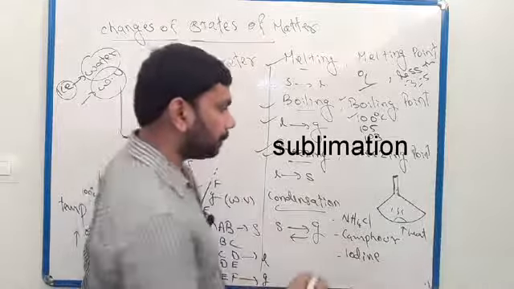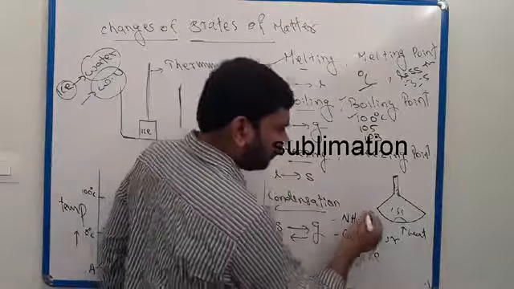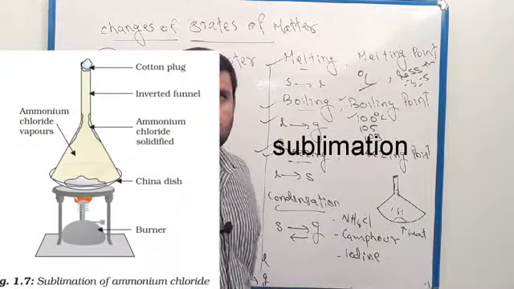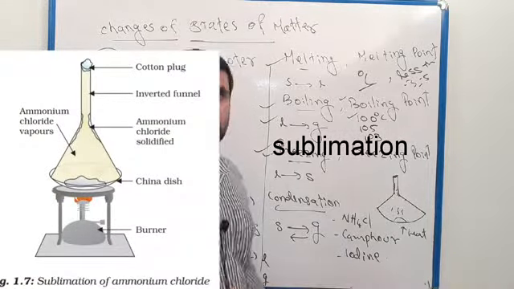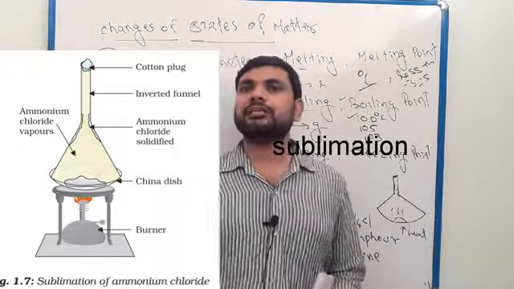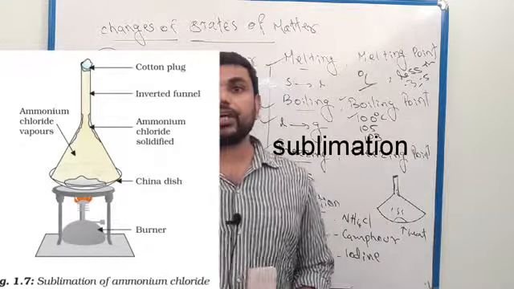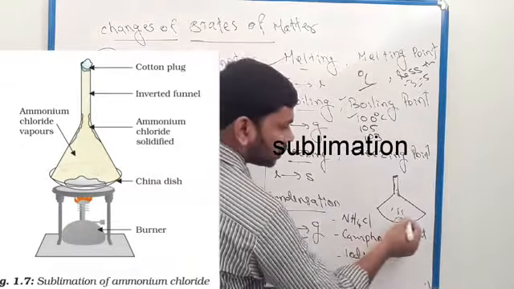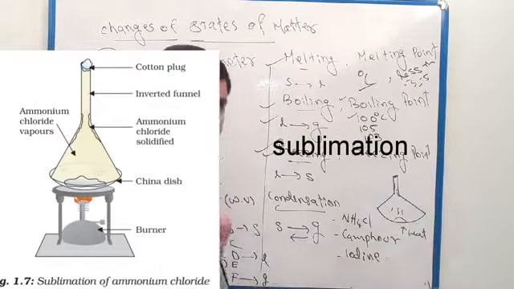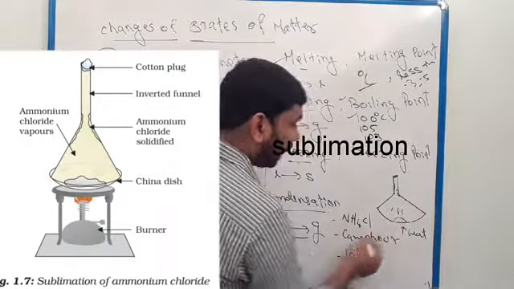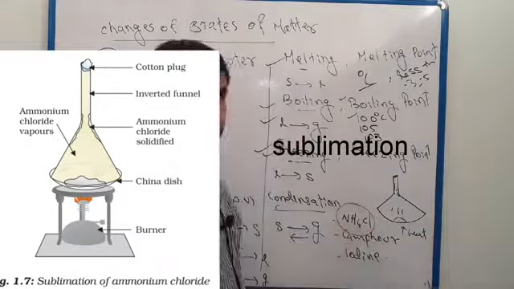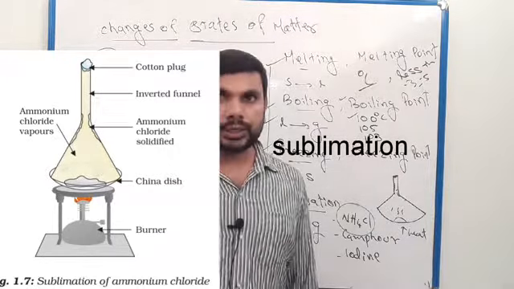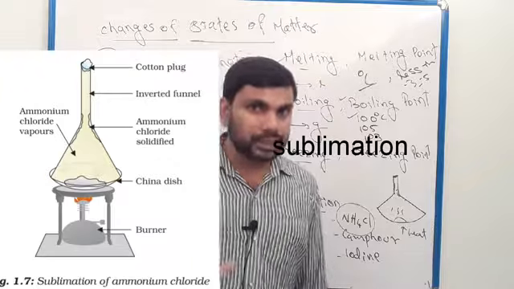Okay, look here. Here we have one dish, a china dish, one apparatus in chemistry. This is the apparatus, the china dish, a small pot. We will take ammonium chloride here, a white solid.